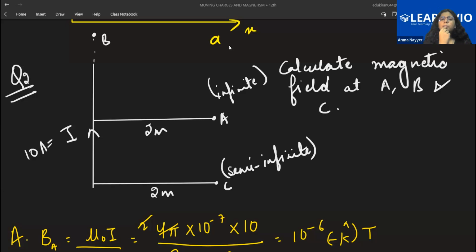How are you going to manage the modifications which are going to come in your board exam? As it is, the questions aren't going to come. What is the angle that the B point is making with the wire? 90 degrees? This is the wire, this is B point.